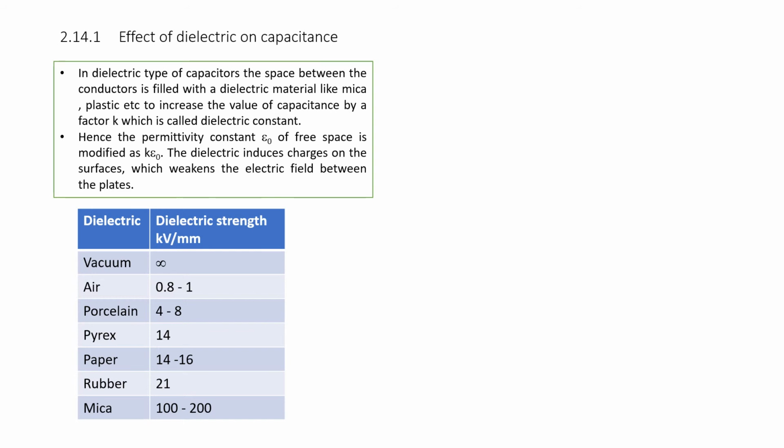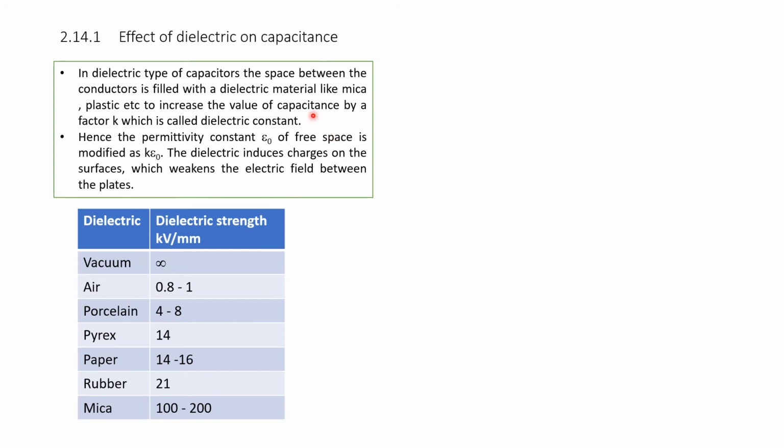Here we are seeing in detail what will happen to the value of capacitance if we add a material like mica or plastic or porcelain or paper or rubber between the two plates. These materials are called dielectric materials.